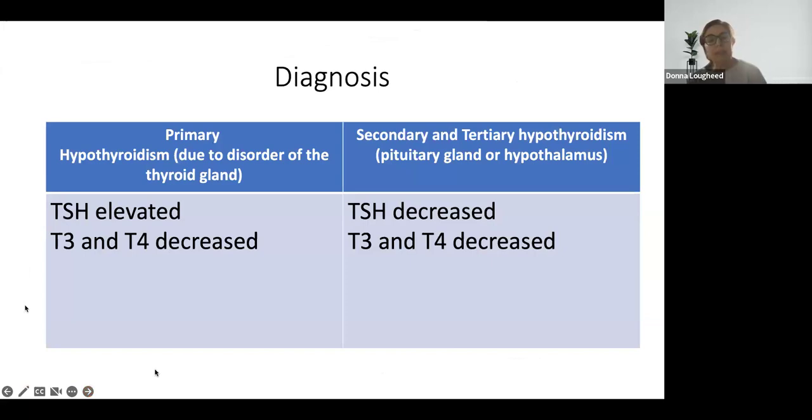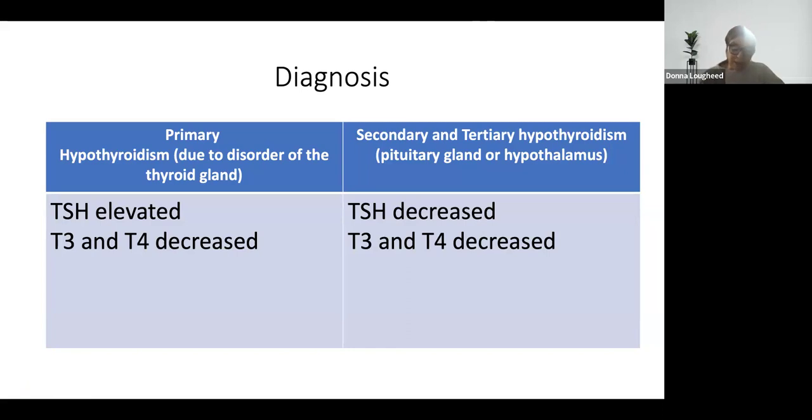The diagnosis of hypothyroidism is confirmed through analysis of laboratory data, including T3, T4, and TSH levels. If the etiology is the thyroid gland, the TSH level is elevated because of the feedback system caused by the low circulating levels of T3 and T4.